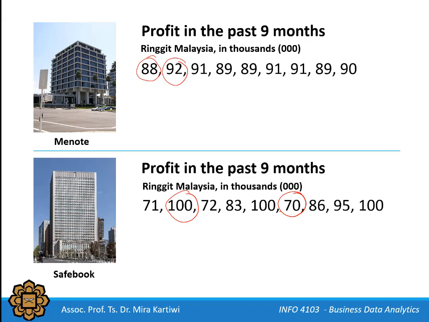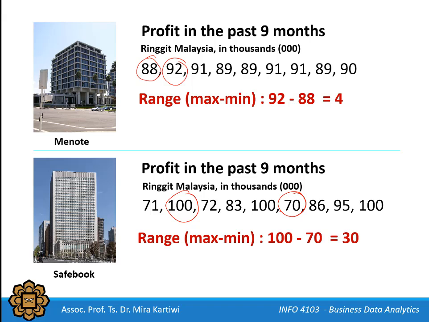Remember, the formula for range is just a simple subtraction, the highest minus the lowest. So here, the highest is 92 minus 88, which is 4. Whereas the range for SafeBook, the highest is 100 minus 70, which is 30. Can this tell us something? Maybe, but it may not be enough. So let's have a look at other dispersion analysis.